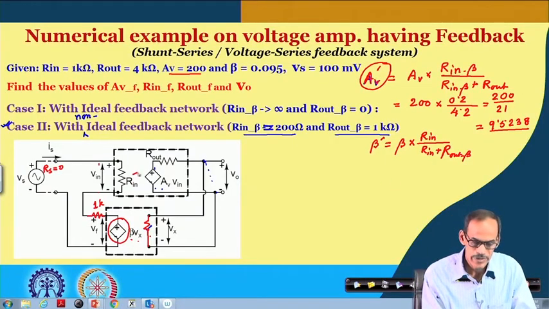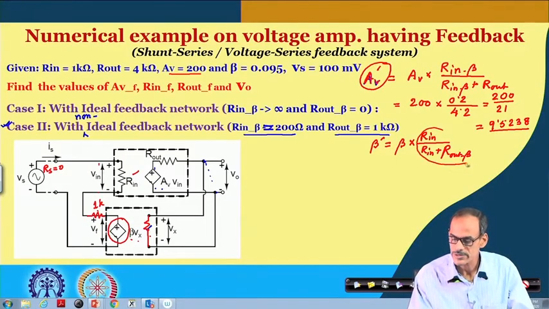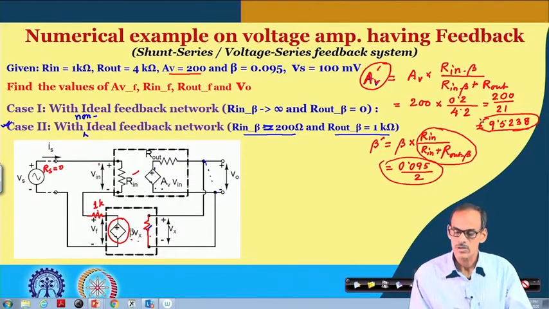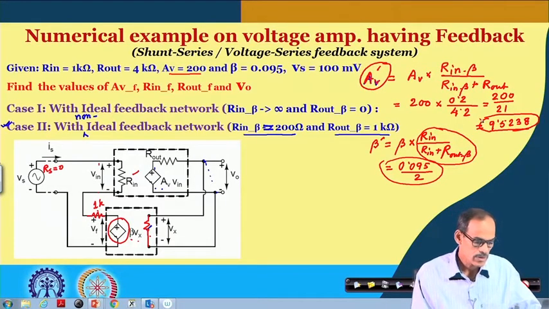So, this is 1 k, this is also 1 k. That gives us 0.5. So, we can say this is equal to 0.095 by 2.